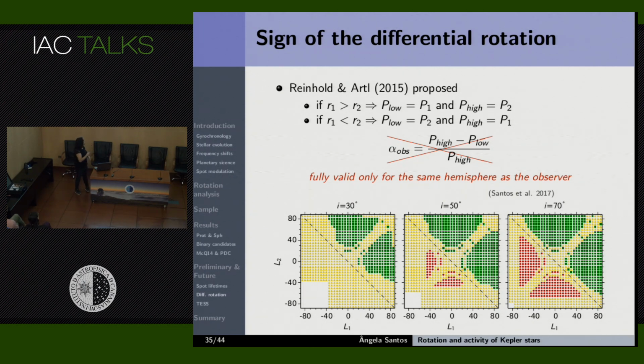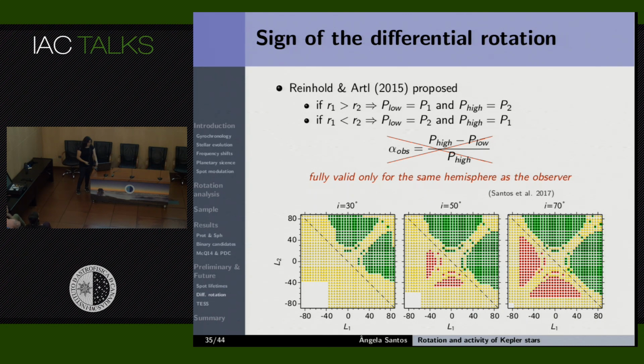Here, just to illustrate with some simulations, the red points correspond to the simulations for which we detect the opposite sign of differential rotation. So we went further and tried to understand why we get false negatives or false positives, depending on the true input rotation.